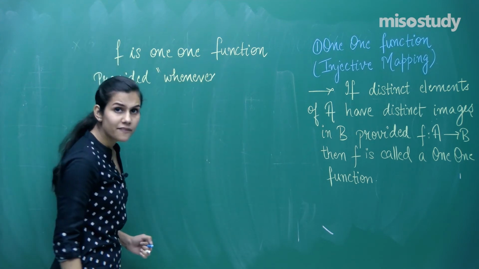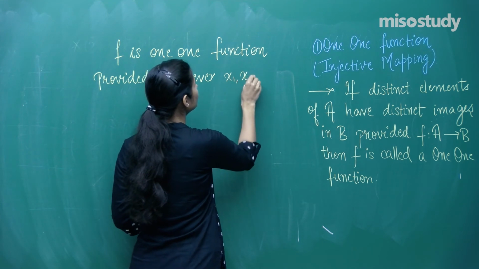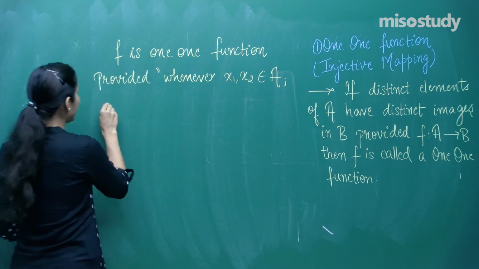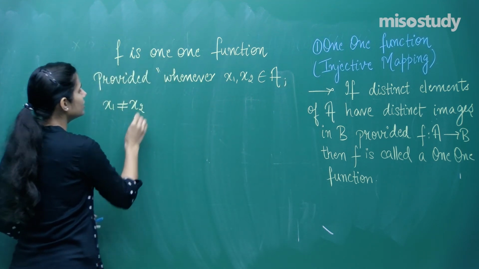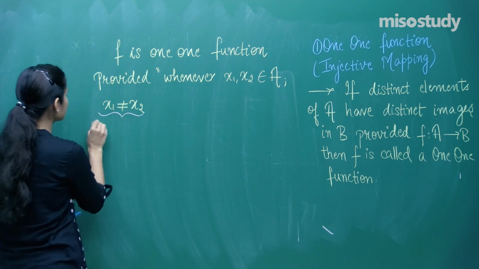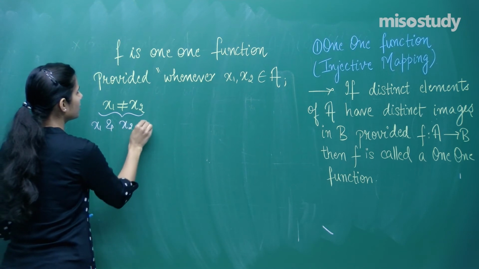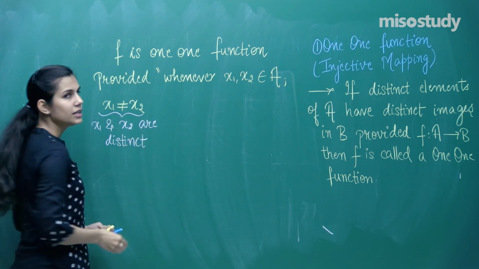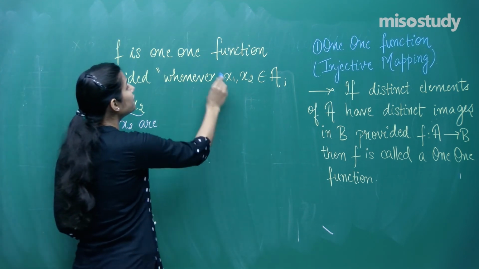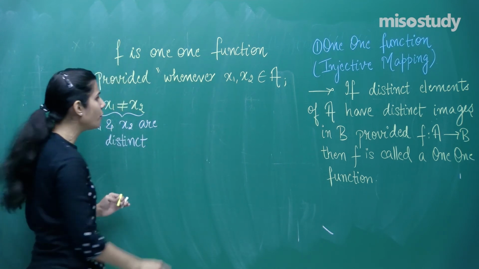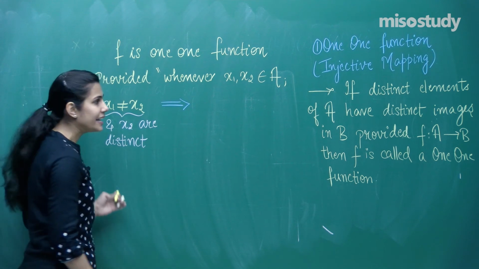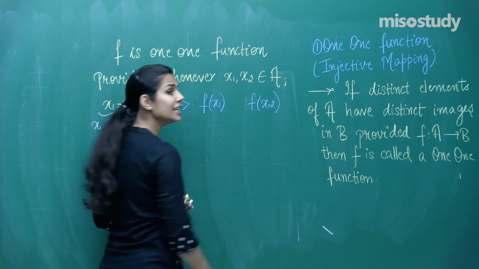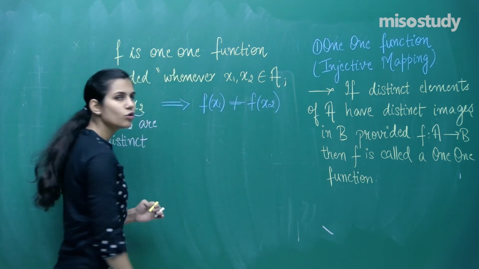That is, whenever x1, x2 are two members in the domain A such that x1 is not equal to x2, this means x1 and x2 are distinct, in this case, whenever you have x1 is not equal to x2 in the domain, it should imply that their images in the codomain are also not equal.